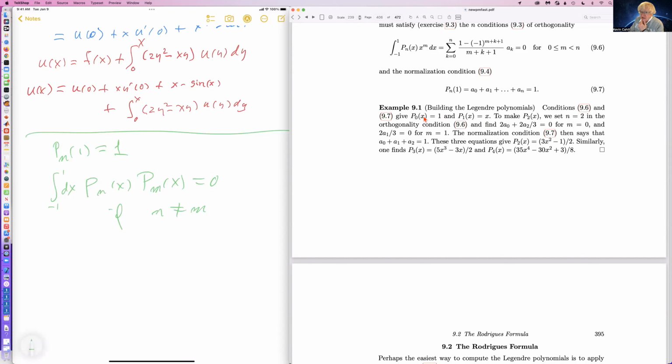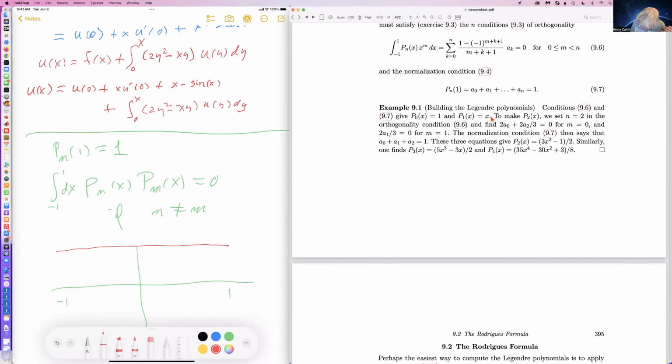Something that's orthogonal to the number 1 is the function P1 of x equal to x, because if this is the interval -1 to 1, then P0 just looks like this, and then P1 does this.